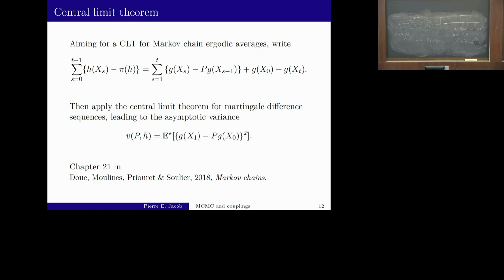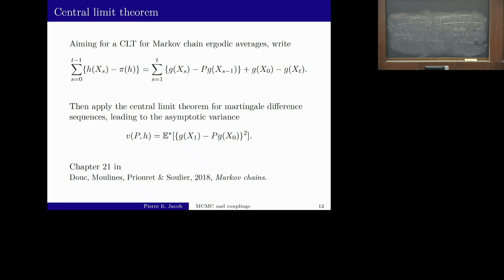And then the next thing is that conditionally on xs minus 1, the expectation of this is exactly equal to this. Conditionally on xs minus 1, the expectation of g of xs is, by definition, pg of xs minus 1. So that means that this is a martingale difference sequence. So they're uncorrelated. And so it's still not IID, but it's much easier to have a CLT for martingale difference sequences.